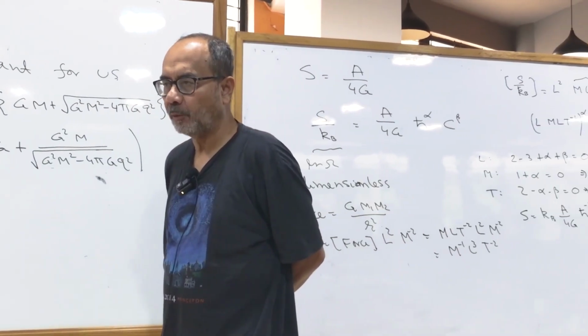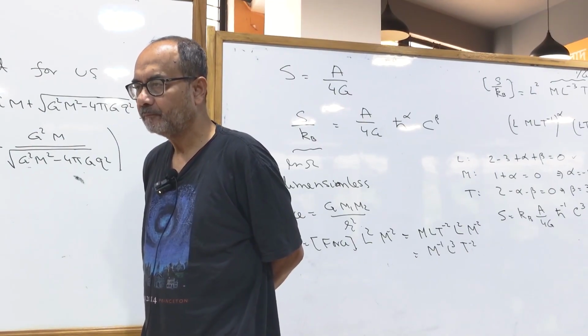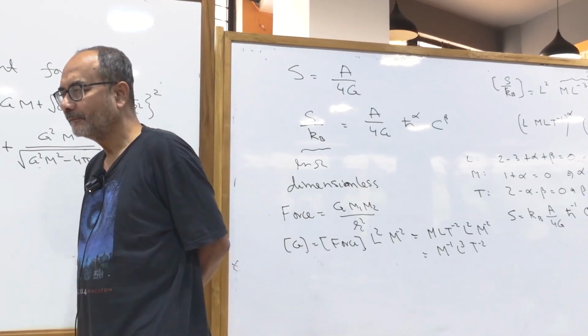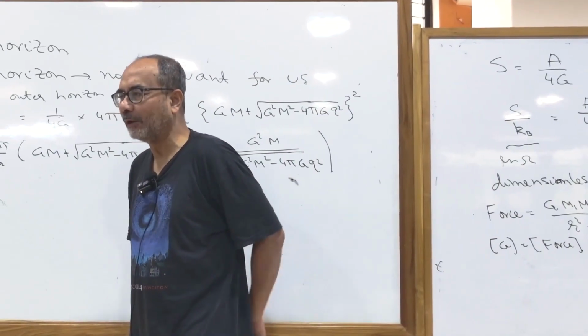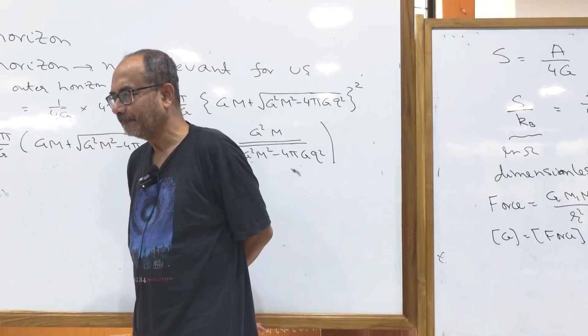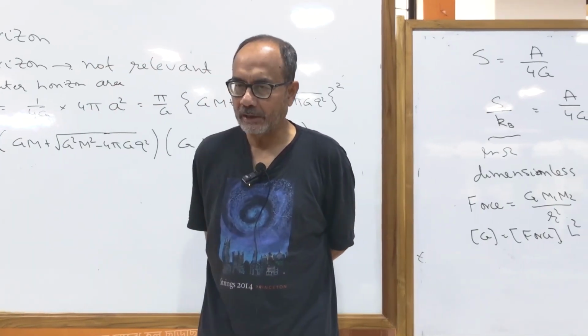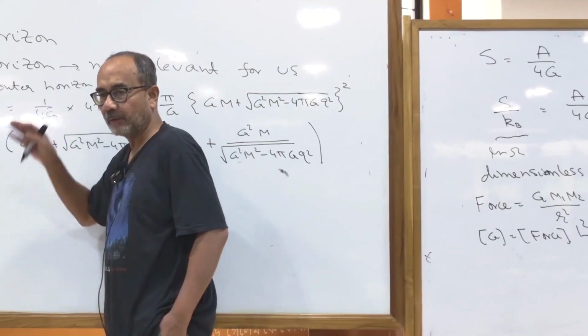Even though people have explored this in various contexts. From the outsider's viewpoint, you only see the whole black hole. You don't even know that there is a cell inside. So from the outsider's viewpoint, the black hole horizon area is 4 pi a square.